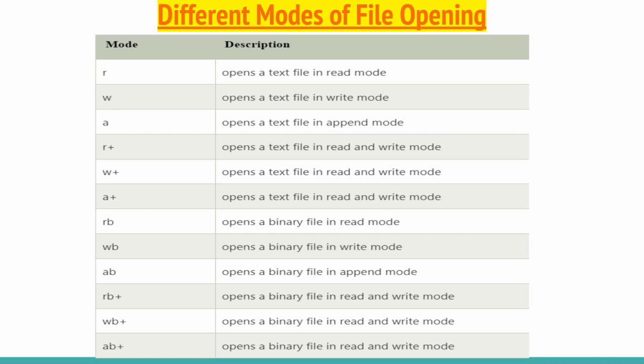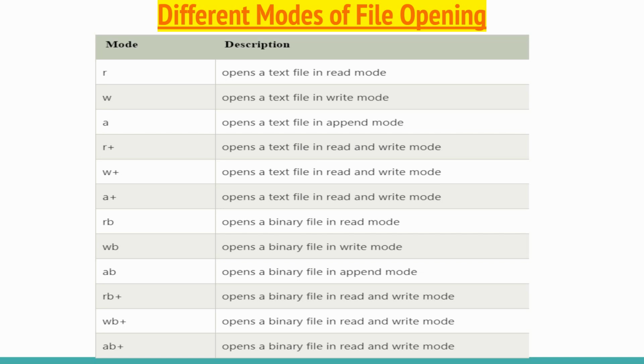Similarly, if you want to do these operations for binary files, you just need to add the word B. So RB means read mode for binary files, WB is write mode for binary files, and AB means append mode for binary files. And if you want to do both read and write, R plus will be there, but just add the B. B here signifies binary file operations, and all the top ones signify text file operations.